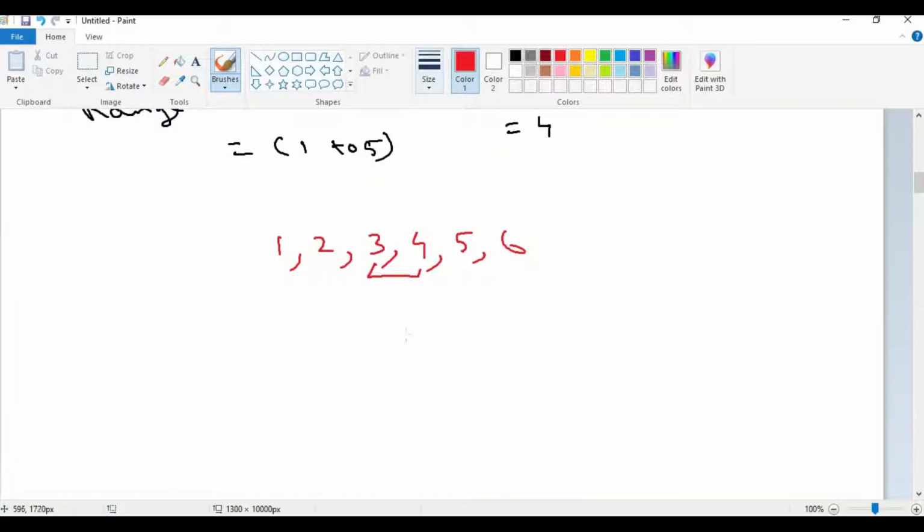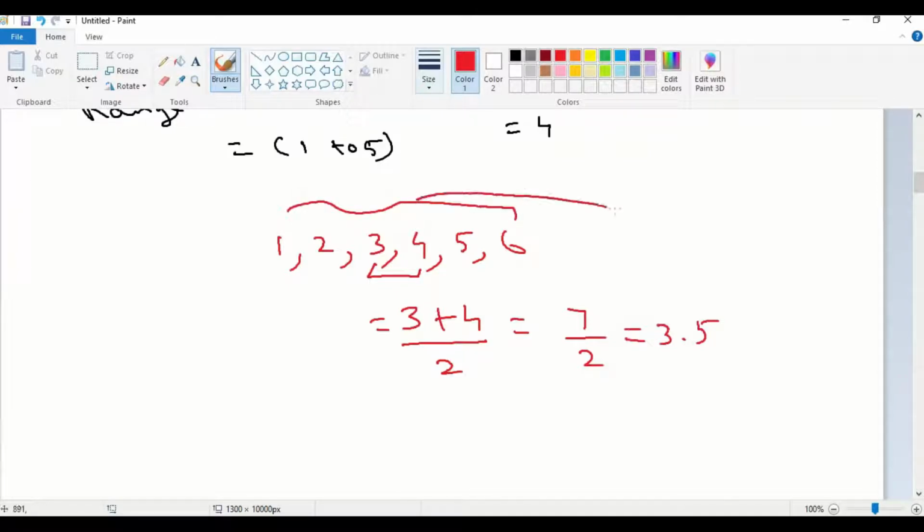So we should add these 2 center values, 3 plus 4, and then divide by 2. So 3 plus 4 divided by 2, which is equal to 7 divided by 2, which is equal to 3.5. So the median of the data is 3.5. Okay.